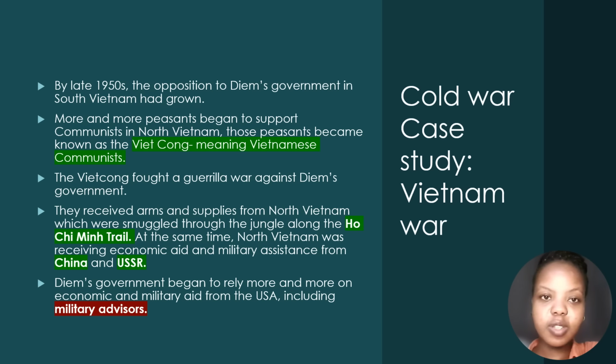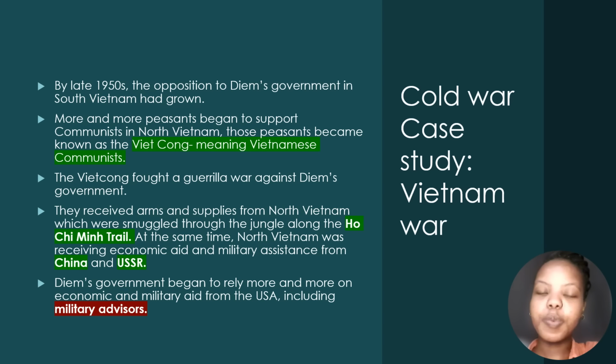So please don't make a mistake of saying some peasants left South Vietnam to North Vietnam and then they became the Viet Cong. No, that is incorrect, totally incorrect. The people who became the Viet Cong are the peasants that were there in South Vietnam already, the peasants that were against Diem's government, the peasants that wanted to overthrow Diem's government.